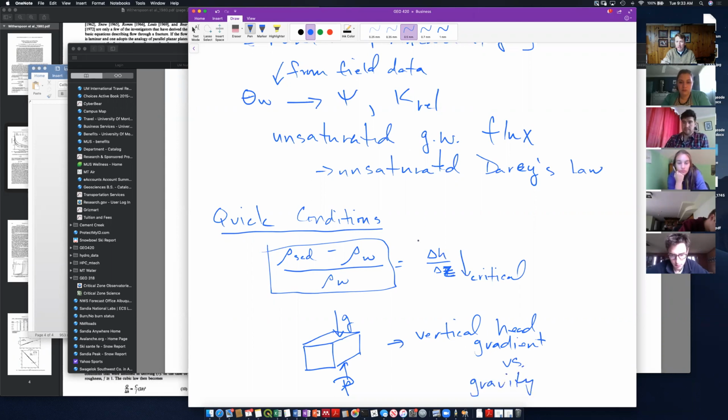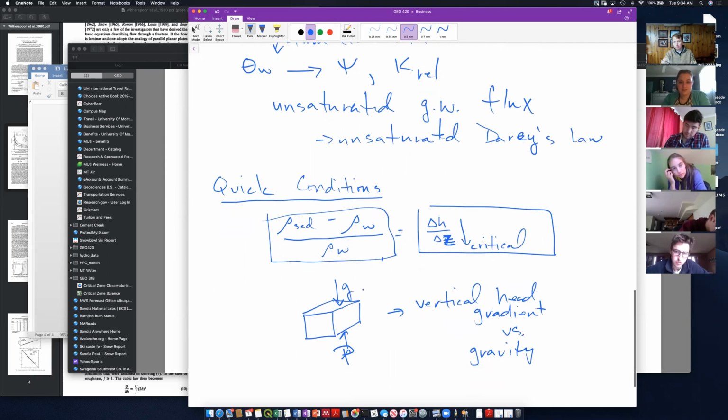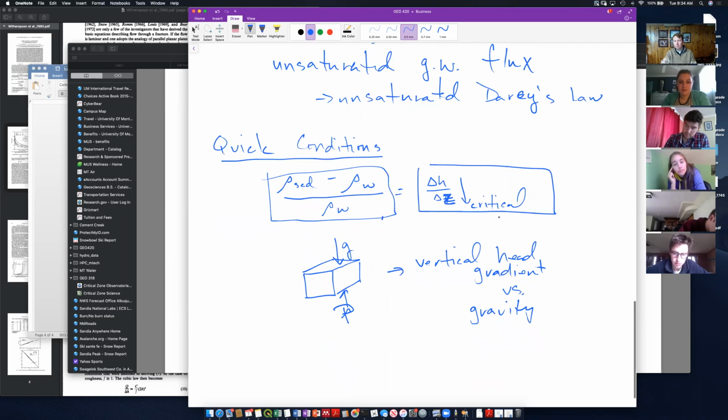This is your dH/dz. It is the head gradient in the vertical direction, that you need to calculate and compare to this critical value. Does that make sense?